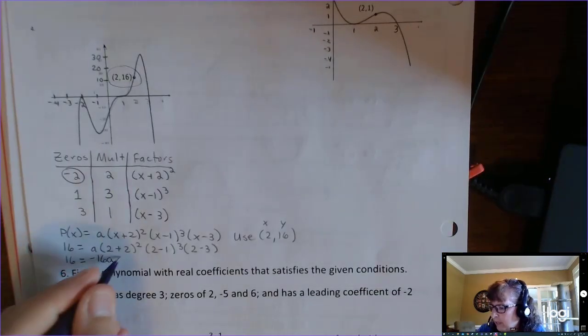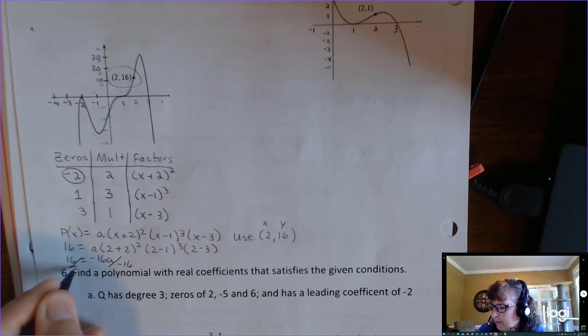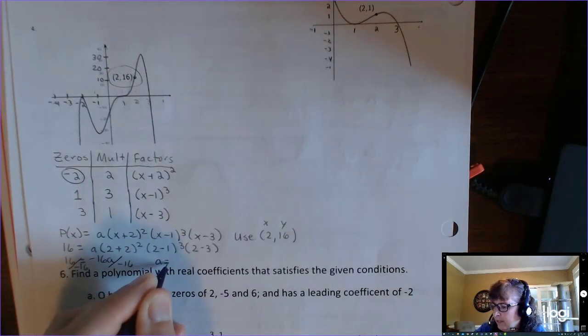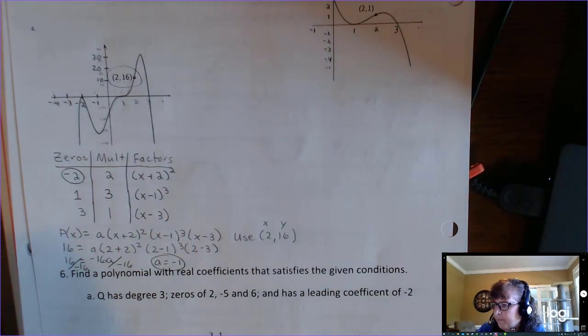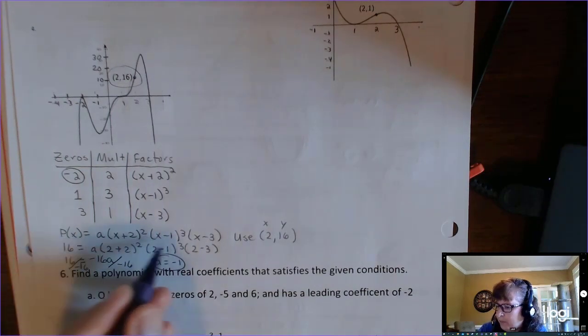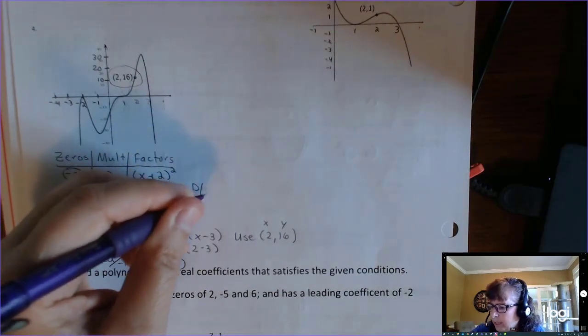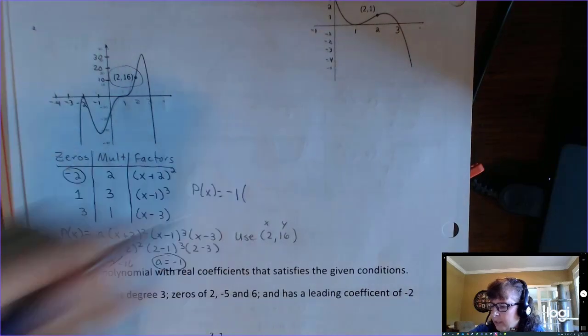Then I want to solve for a, so I'm going to divide by negative 16. So a is equal to negative 1. So the last step, just take this polynomial that you wrote here and just rewrite it, but now we know that a is negative 1.